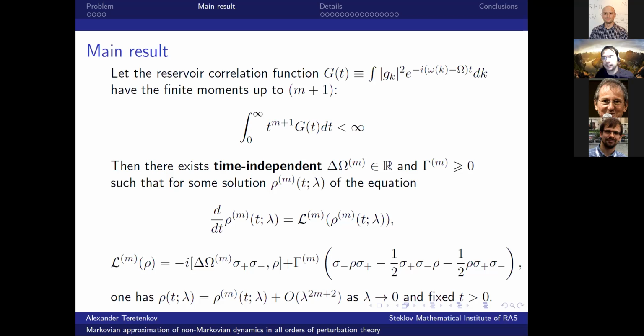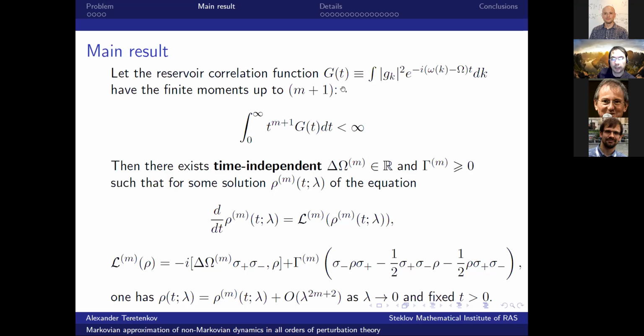So exactly as in the limit lambda tends to 0, but slightly renormalized. So we have not exactly the same coefficients as in the limit, but an equation of similar form, with certain renormalized coefficients, and these coefficients are time independent.